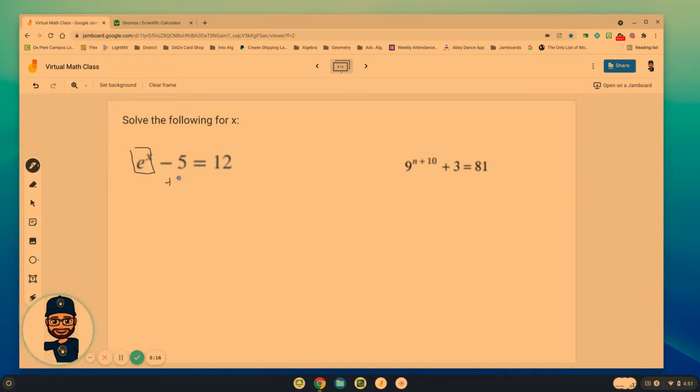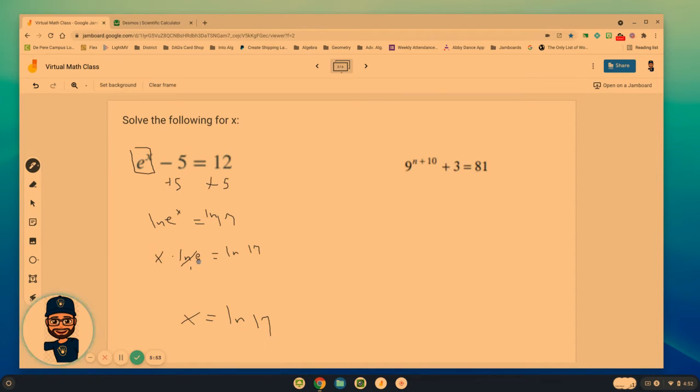So we technically have to make sure that we add 5 to both sides first, or e to the power of x equals 17. Whenever we have e, we're going to take the natural log of both sides, and then it's x times the natural log of e equals the natural log of 17. The natural log of e really becomes 1. And x equals the natural log of 17.